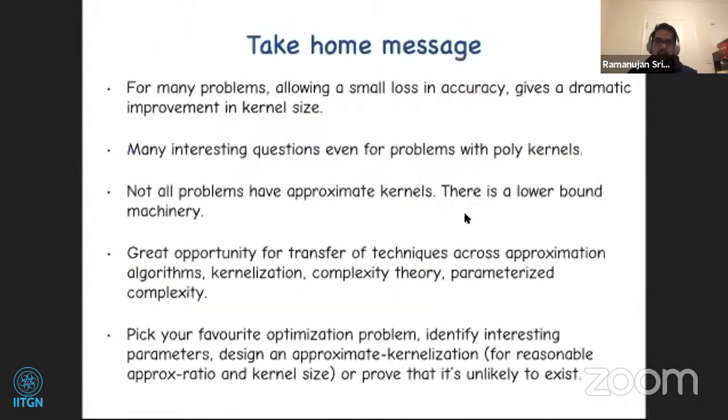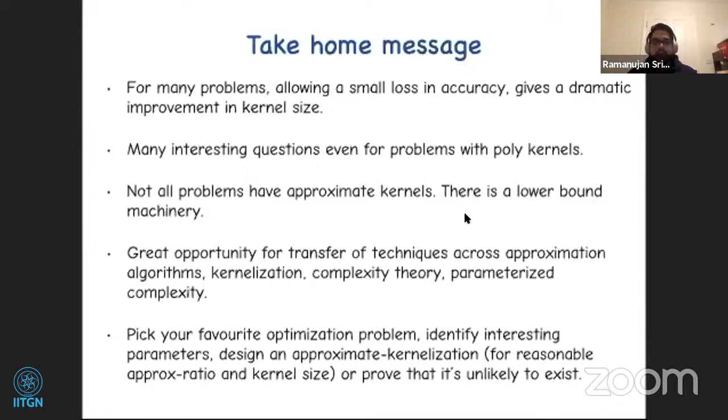So I think I'll wrap up now by reminding you the main takeaways. Well, for one, now you know that a lot of problems don't have polynomial kernels, or we don't believe that they do under reasonable hypotheses, and you've now learned techniques to show that.